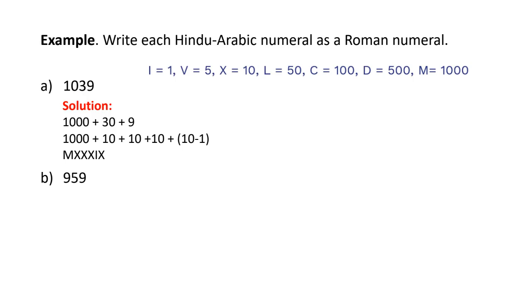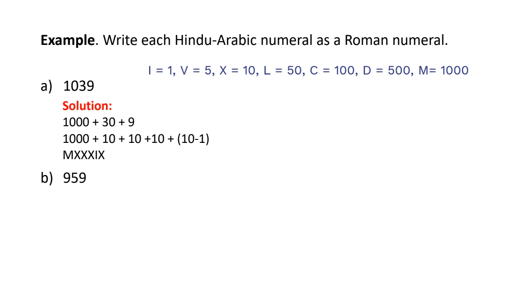You could say we can only repeat the ones that are powers of 10, like 10, 100, and 1,000, and 1. So I'm fine repeating 3 X's. And then to come up with the 9, if I were to choose 5 and then add 4, that would not work because I can only repeat the I at most 3 times.